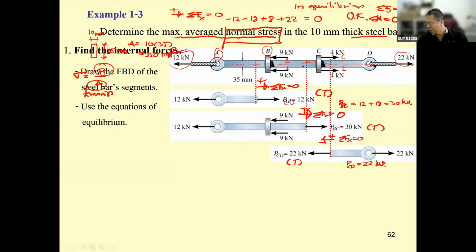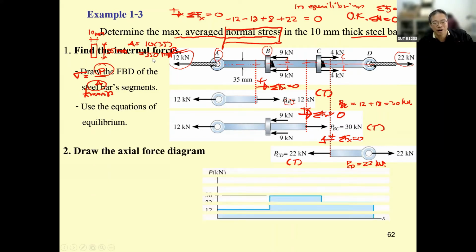That means if you connect something like this, in tension it is going to be elongated. Okay, but by checking this, we are only interested in the stress. Since the area is equal, and if you draw the axial force diagram, this portion is 12, this portion is 30, this portion is 22, and the equation is just sigma equal to P over 350 millimeter square.